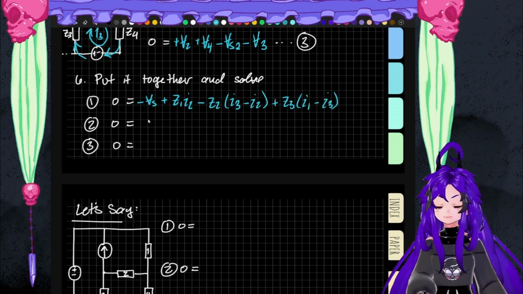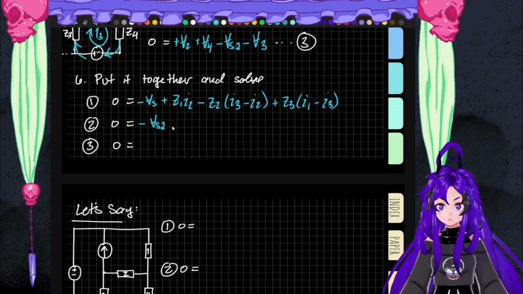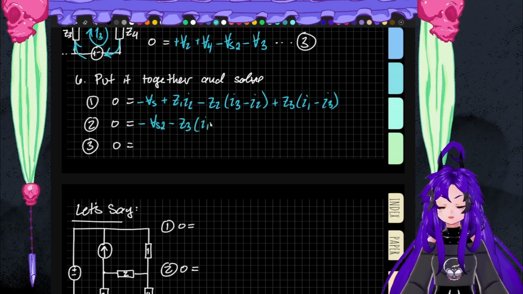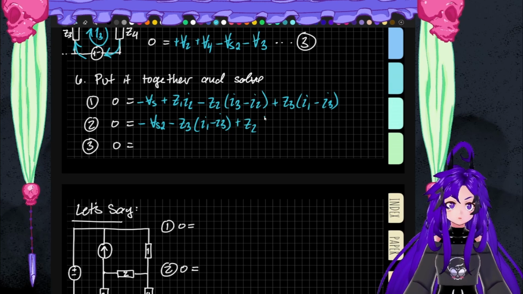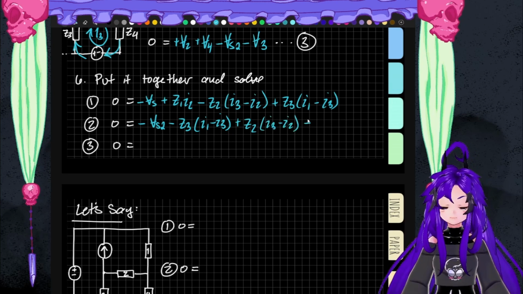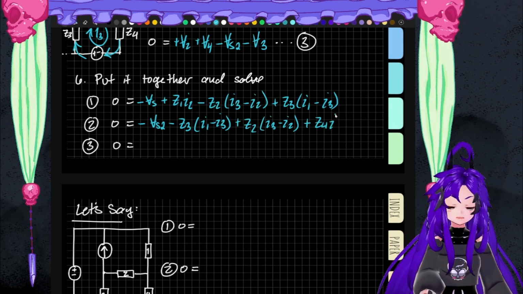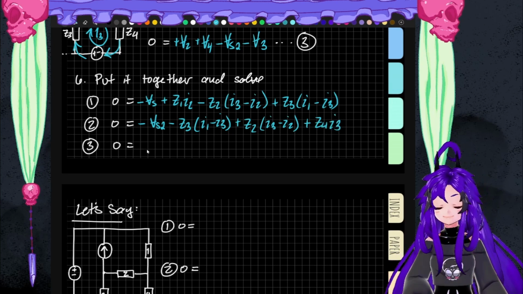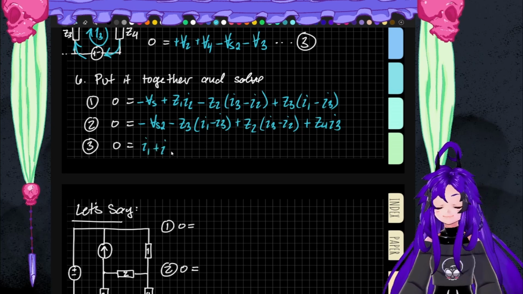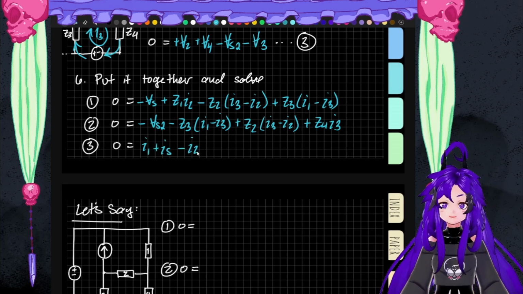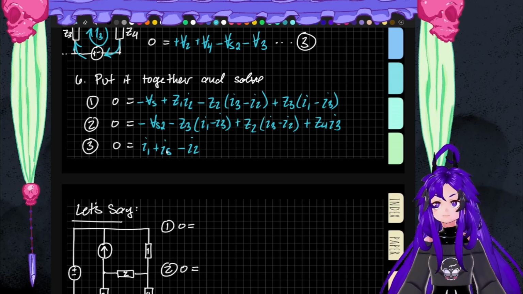Equation 2 is going to be minus V source 2 minus Z3 times I1 minus I3 plus Z2 times I3 minus I2 plus Z4 I3. And then finally, we have I1 plus I source minus I2, which came from our node equation, right?